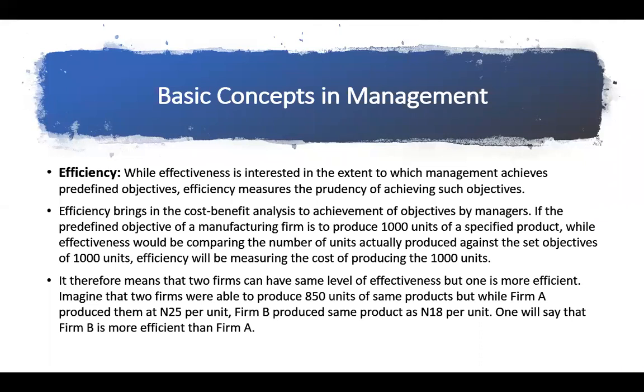Remember, before now, we have said that management is achieving goals by combining resources and making sure that the value of output is more than the collective value of the input. That is where efficiency comes in. Imagine that your output costs less than the input. You are not efficient. So efficiency is looking at cost expenditure.